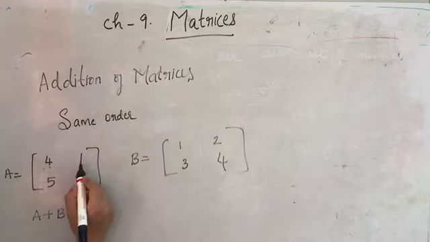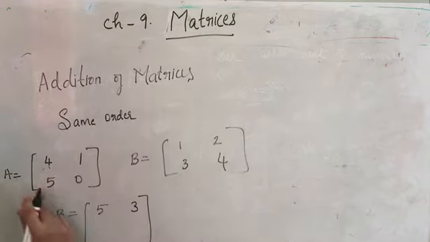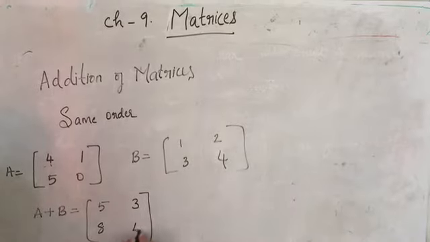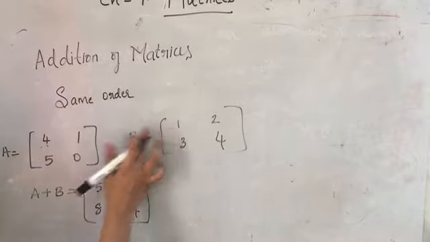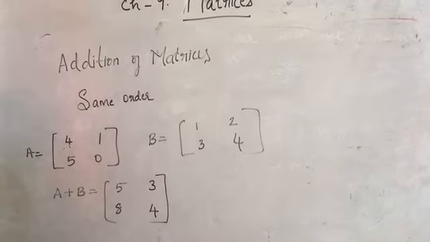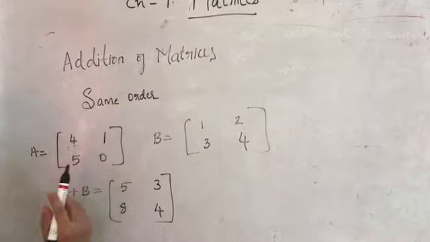Here the first term is 1, here 2, 1 plus 2 is 3. 5 plus 3 is 8. 0 plus 4 is 4. So each term should be added with the corresponding term. Only if the order is the same can you add them. The reason is that the number of rows and number of columns should be the same in both the matrices.